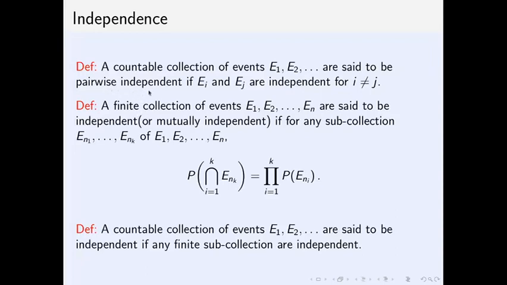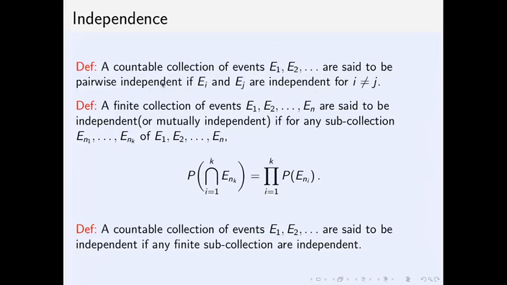From the name, it is very clear that pairwise independence basically means that if I have an at most countable collection of events, E1, E2, and so on, we will say that this collection of events is pairwise independent if I take any two events from this collection, then those two events will be independent.